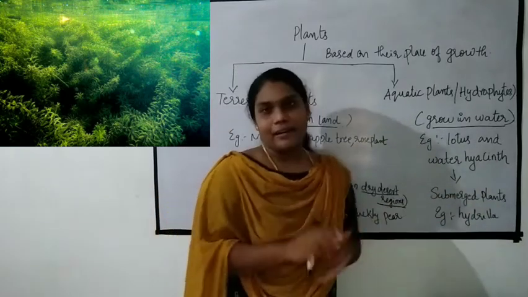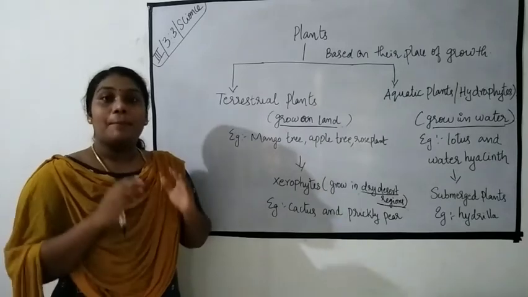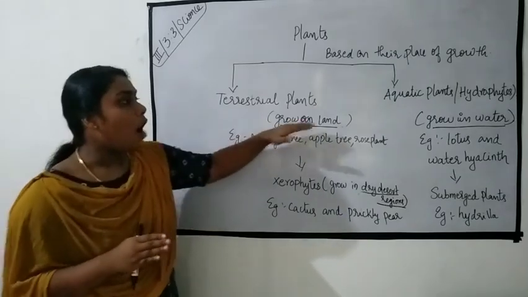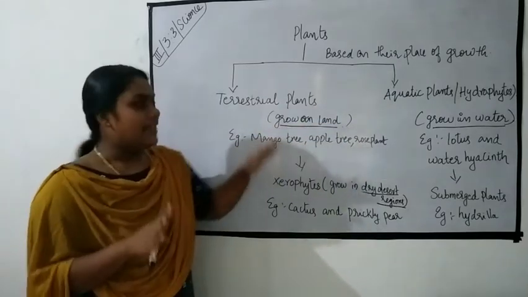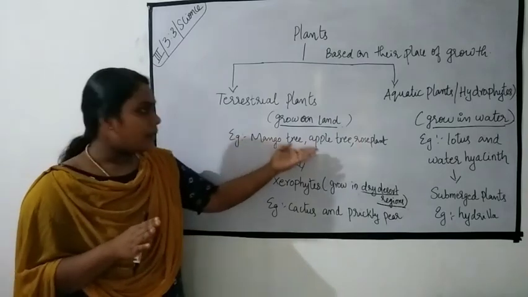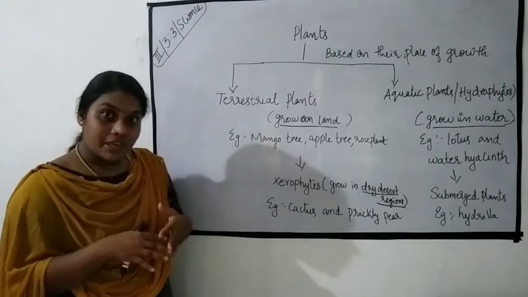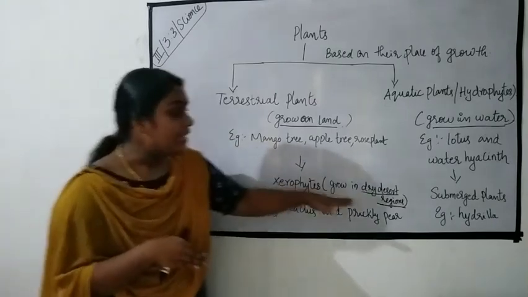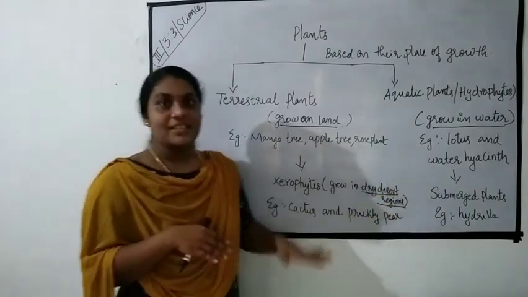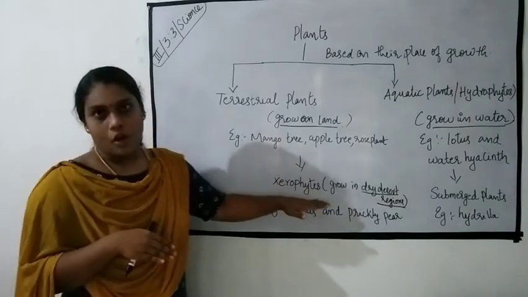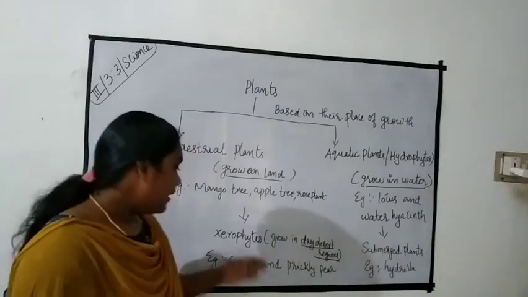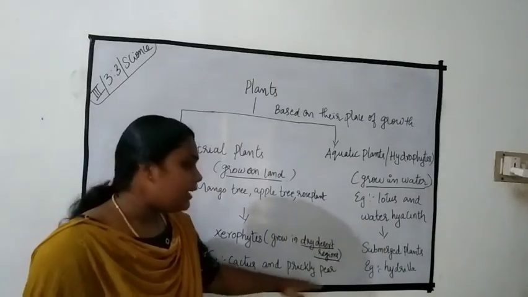Example, hydrilla. Terrestrial plants means plants that grow on land. Examples are mango tree, apple tree, rose plant. Some terrestrial plants that grow in dry desert regions are called xerophytes. Examples are cactus and prickly pear.